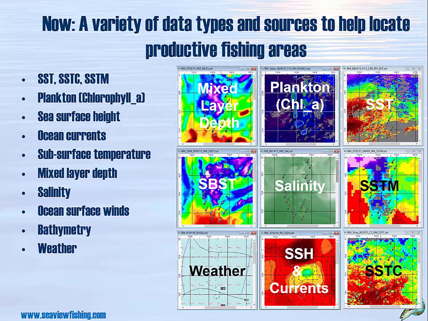To list a few of the SeaView products, there is sea surface temperature imagery, sea surface temperature composite imagery, microwave-derived sea surface temperature, plankton or chlorophyll imagery, both single satellite overpass and composite, subsurface temperature, sea surface height anomaly, mixed layer depth, salinity, ocean bottom topography or bathymetry, and a variety of data and weather products.